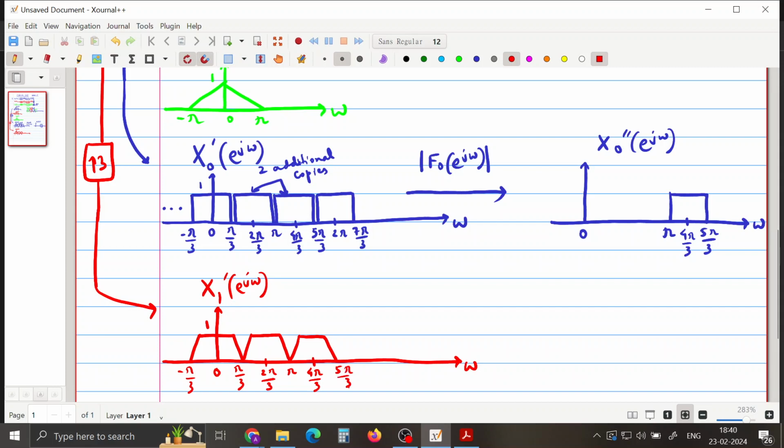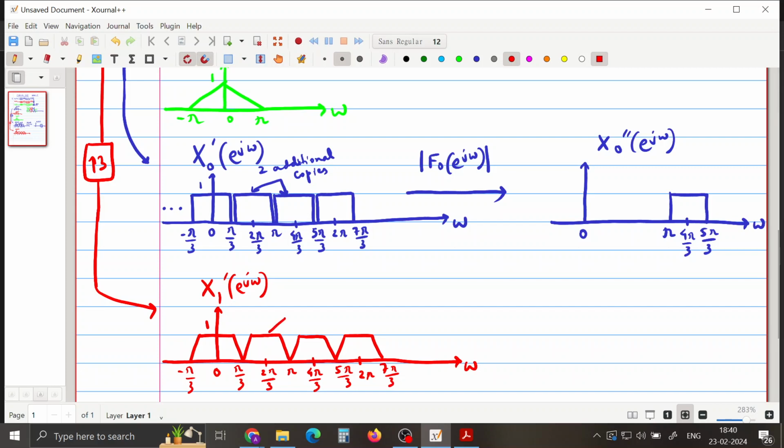Then this is 5 pi by 3, and again it repeats this first copy, then again it repeats after 2 pi. So this is 2 pi again, and this point is 7 pi by 3, right?